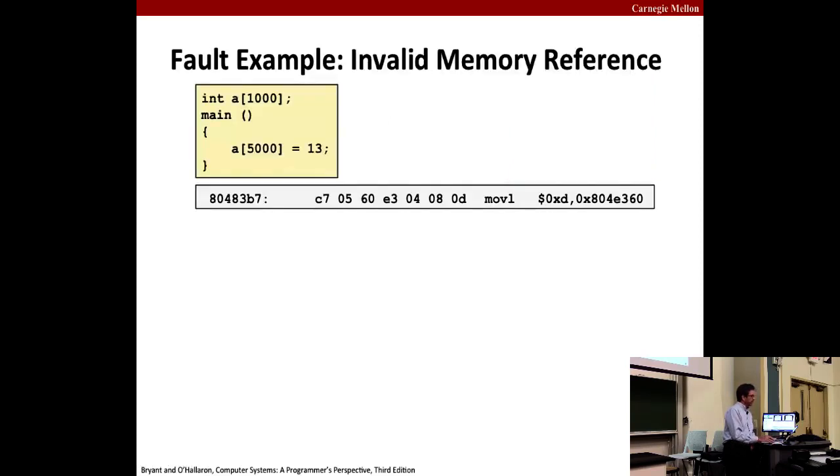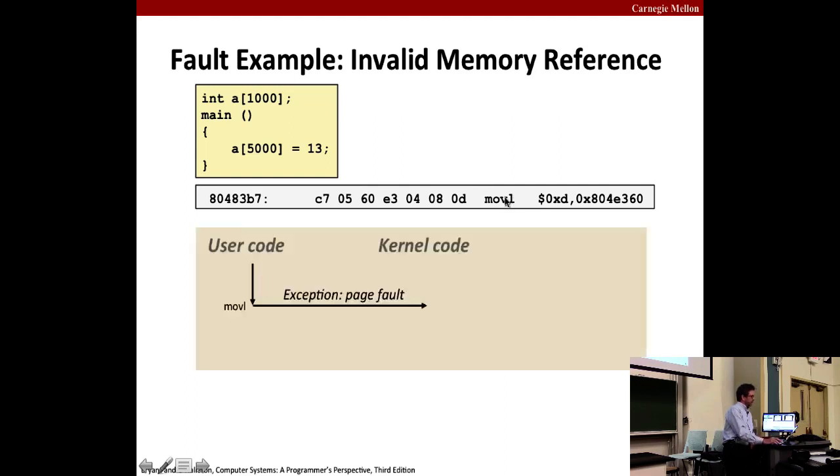Now another type of fault is an invalid memory reference. Here we're accessing an element of A which doesn't exist. It's an invalid reference. So in this case, the movl instruction looks like a page fault, but the kernel detects that it's an invalid address, that there isn't anything that can be loaded from disk.